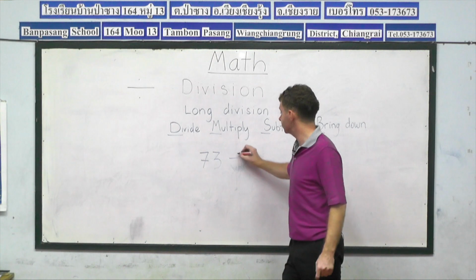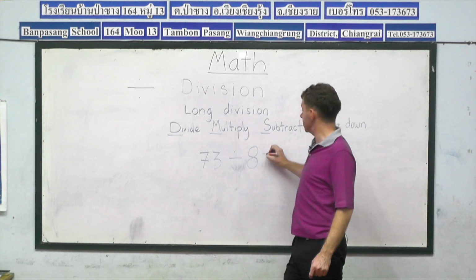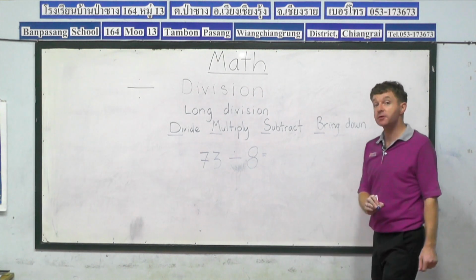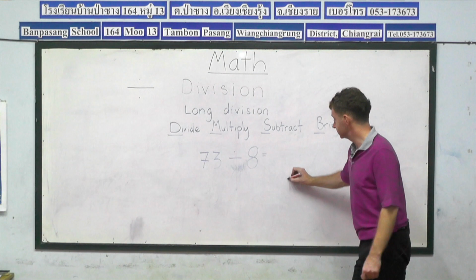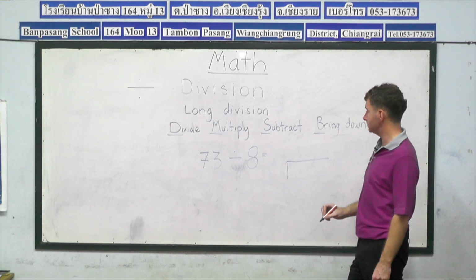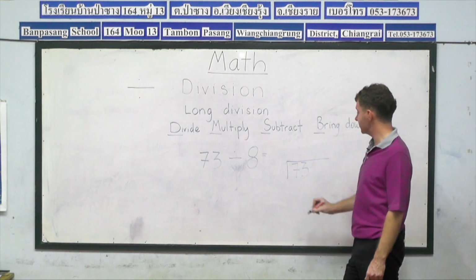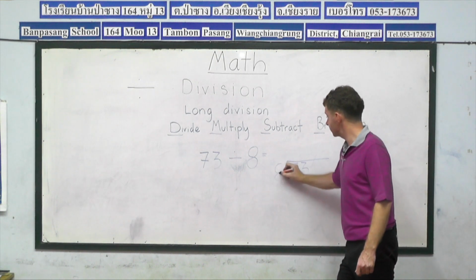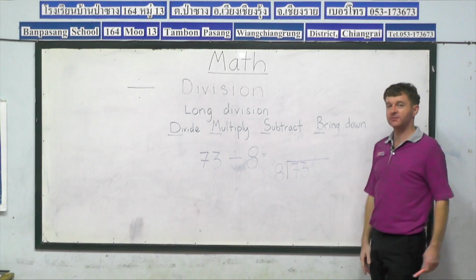Okay, we can use 8. Equals 73 divided by 8. Okay, so step 1, organize our table. 73 inside, 8 outside.